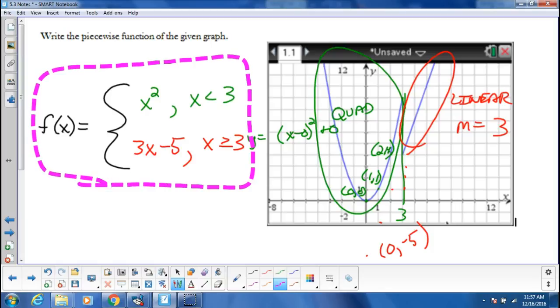Then we could have x is less than or equal to 3, and then x is greater than 3. But I can't have equals in both, and I can't have just greater than or less than in both. I have to have an equals in one of them for every number.